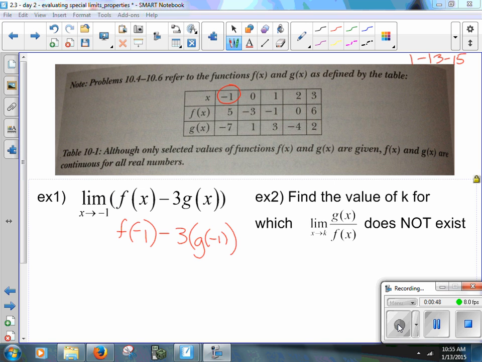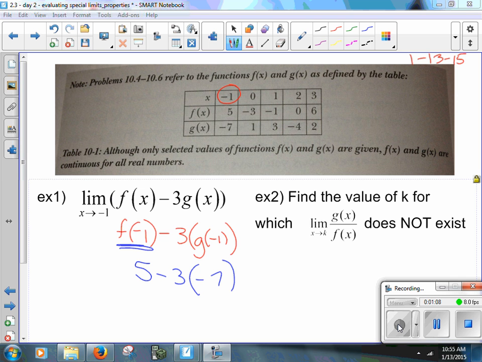Now, what is your f of -1 value? 5. Does everybody see that? Yeah? If you don't, you better say. -3 times, what is g of -1? -7.